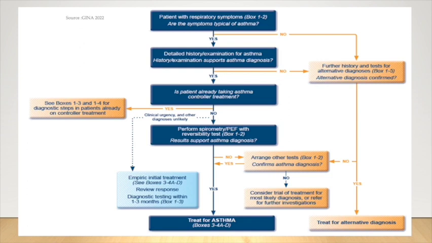If that is not available and it's a limited resource setting, at least do a peak flow reading and check for reversibility. If your spirometry or PF reading supports the asthma diagnosis, you treat him. If this patient has come to you with an exacerbation but is already on certain medication, you treat the clinical urgency with empiric treatment for asthma, and then review his response.